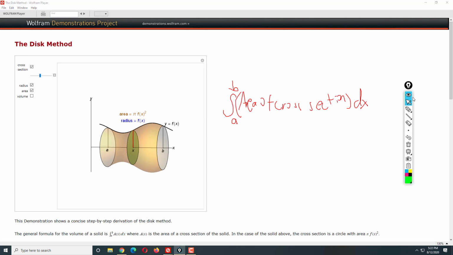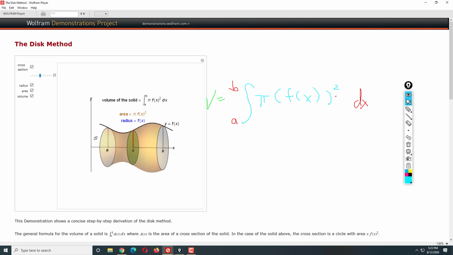In other words, the volume would be the integral of the area of cross-section, which is pi times our radius squared, and again, the radius is f of x. So the volume would just be the integral from a to b of pi times f of x squared dx.